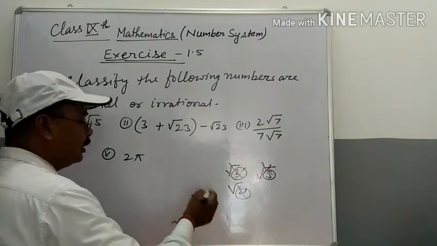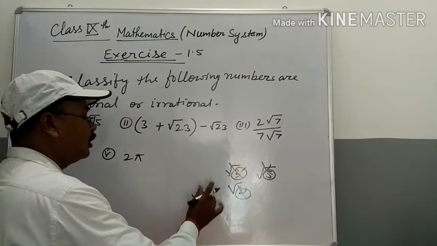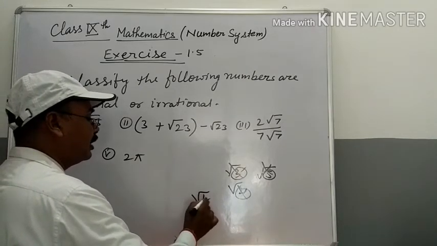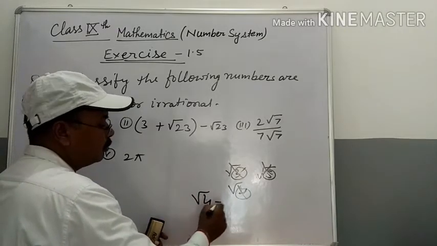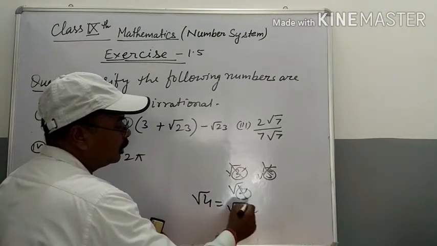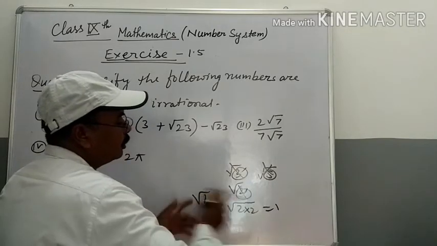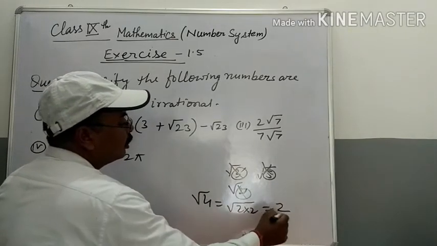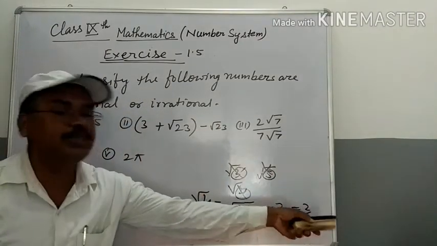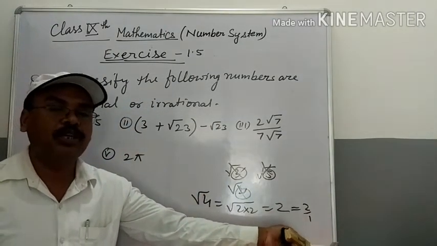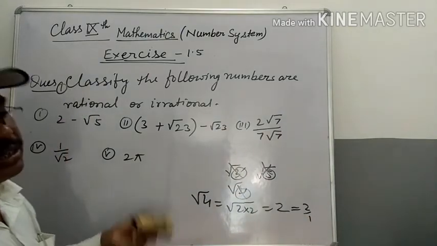And in this sequence, under root 4 means 2 into 2, a perfect square, its square root is 2. That is a rational number. 2 means 2 upon 1, that is already discussed, and 2 upon 1 is P upon Q.